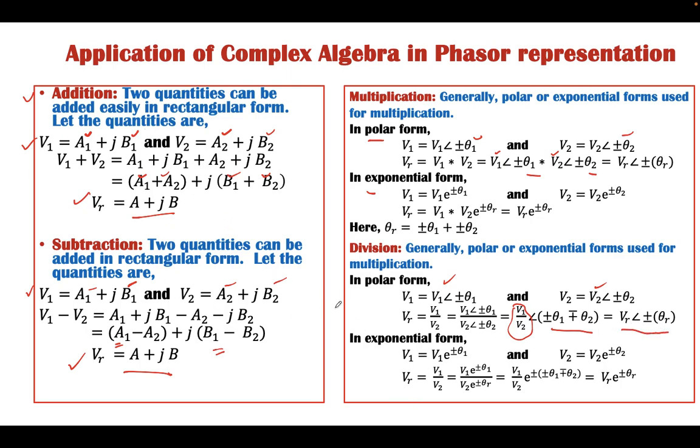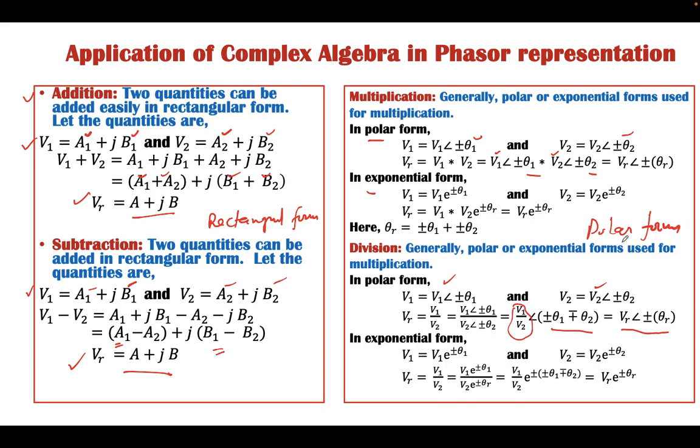Now these are the four different representations of AC quantity in phasor form and their significance while taking addition, multiplication, subtraction and division. In summary, we can say addition and subtraction is usually performed in rectangular form, whereas multiplication and division is usually performed in polar form.